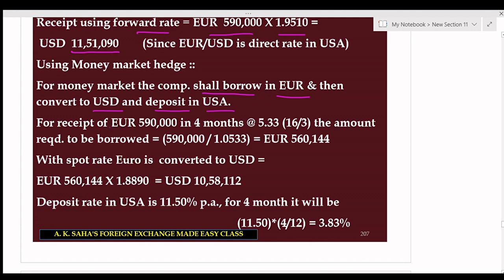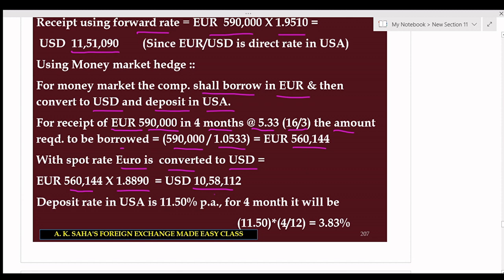For receipt of 5,90,000 in 4 months at the rate of 5.33%, that is 16% by 3, the amount required to be borrowed is 5,90,000 divided by 1.0533, which is equal to euro 5,60,144. With the spot rate, the euro is converted to USD: 5,60,144 multiplied by 1.8890.